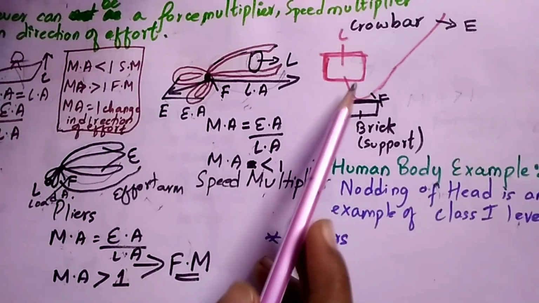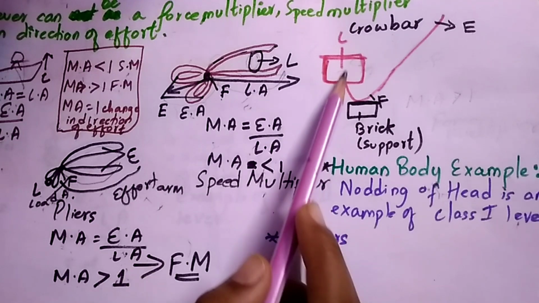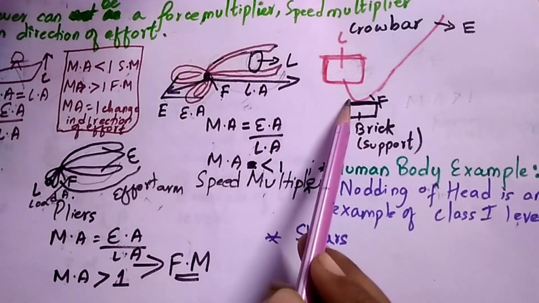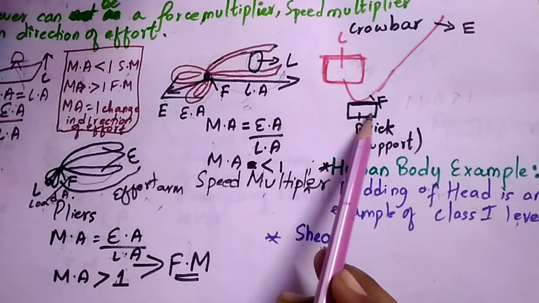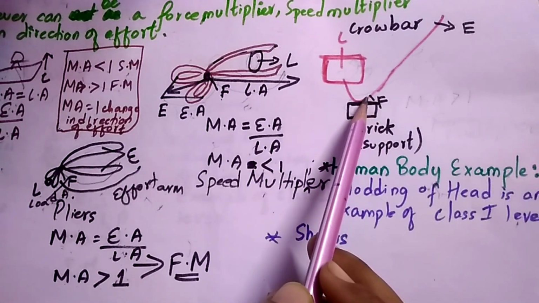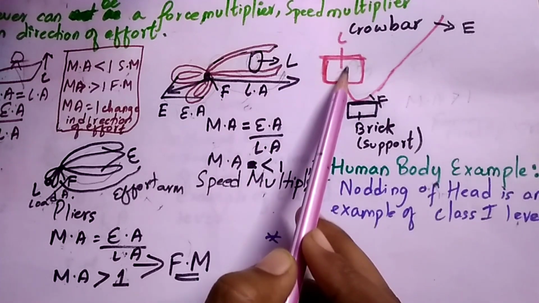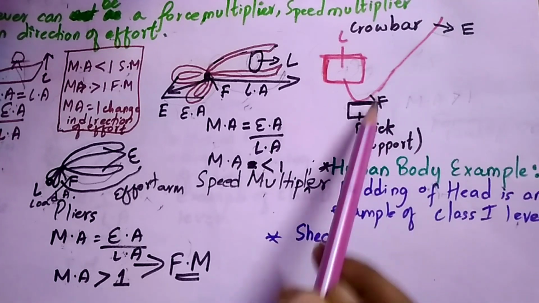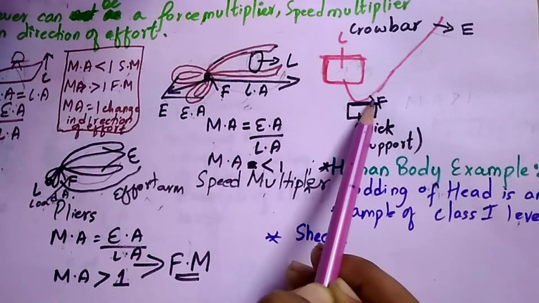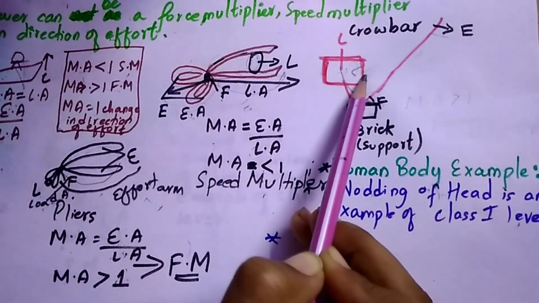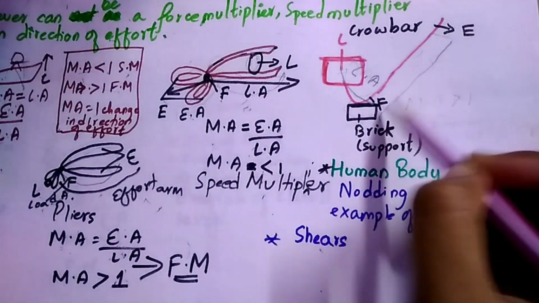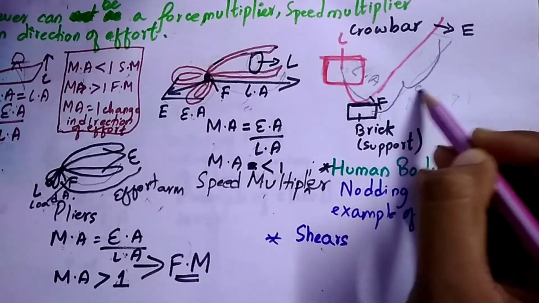Another example is your crowbar. This is a rod-like structure, and here you keep your load and all, and it is given support with the help of a brick. This is the point of fulcrum, this is the load, and from here you apply the effort. So this is the effort. So the distance between the fulcrum and the load is known as load arm, and the distance between the fulcrum and the effort is known as effort arm.